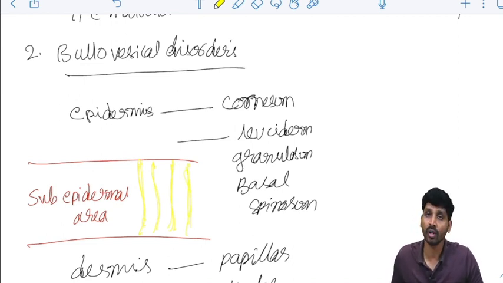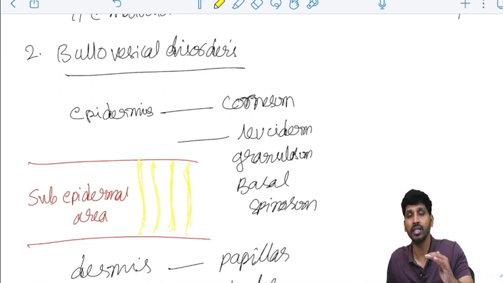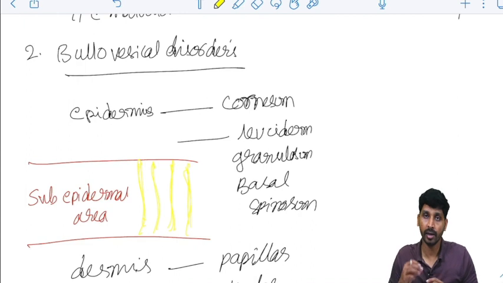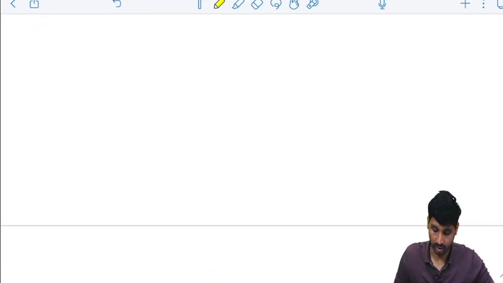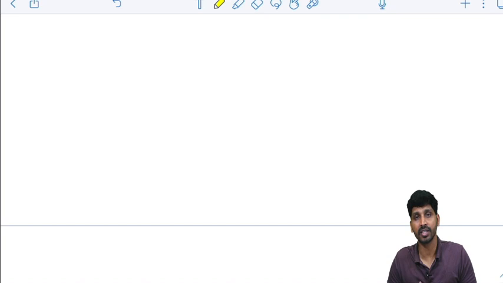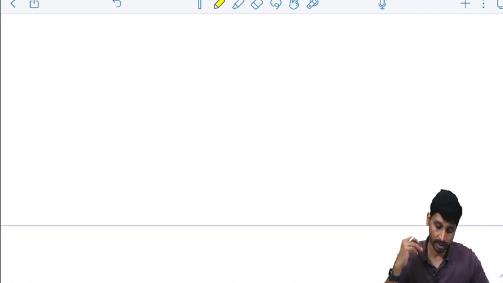The spinosome in the epidermis will be attached to the hemidesmosome first, and it will be attached to the papillary layer of the dermis at the end. So this is connecting both epidermis and dermis, right. Hemidesmosome will be present in the subepidermal area, in between the epidermis and dermis.